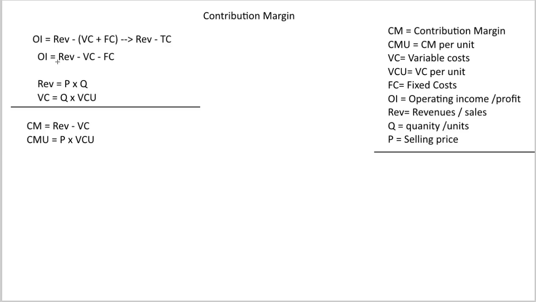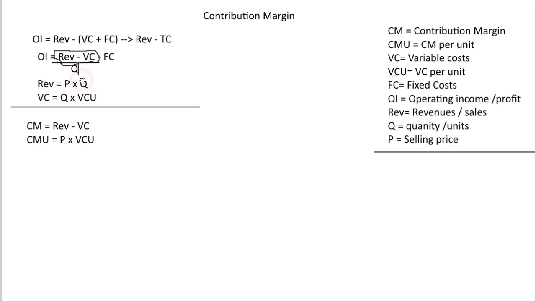When we take this part and we say, okay, if that part is the contribution margin and we want to get it per unit, we divide it by the quantity.